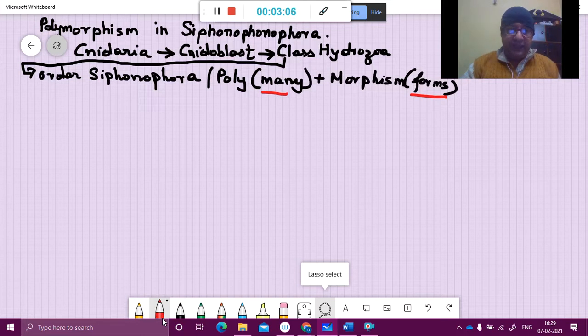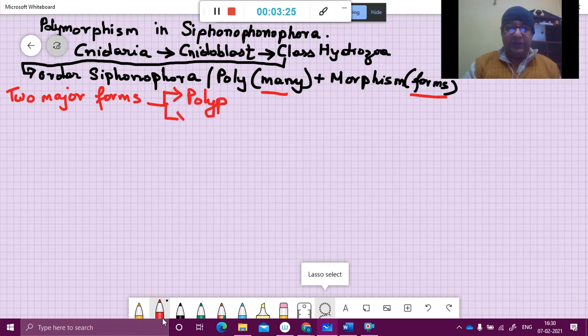In Coelenterates or the Cnidarians, there are two major forms present. The first form is the polyp, and the second form is the medusa.